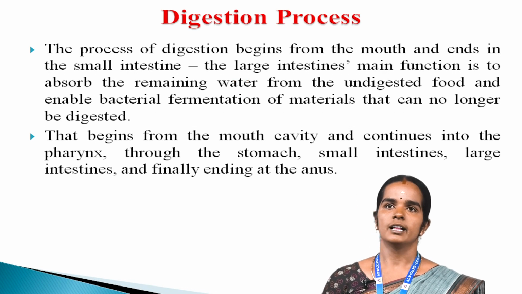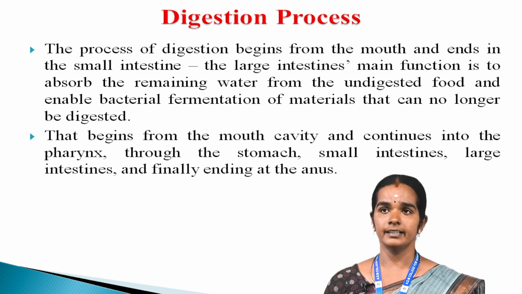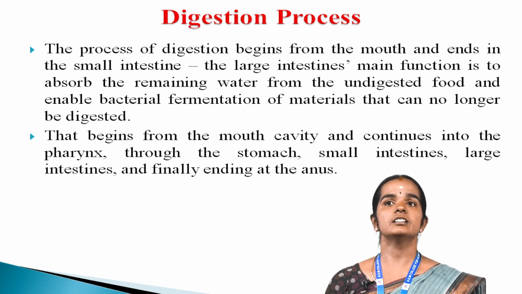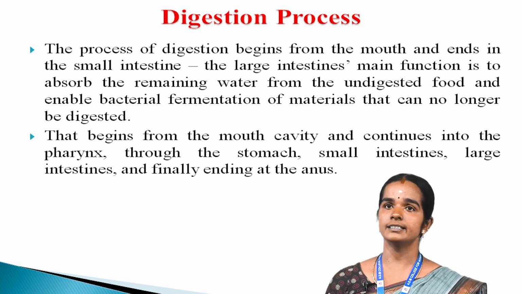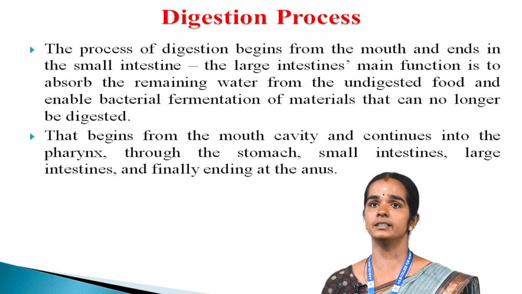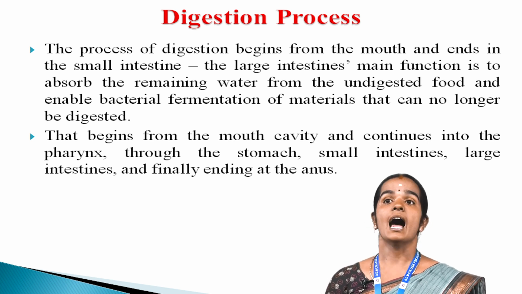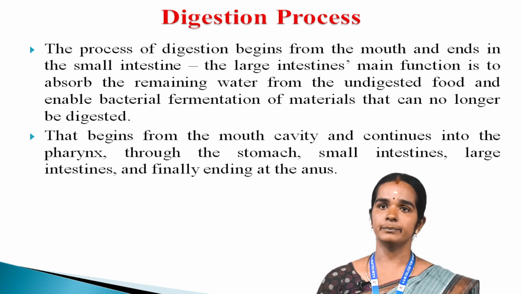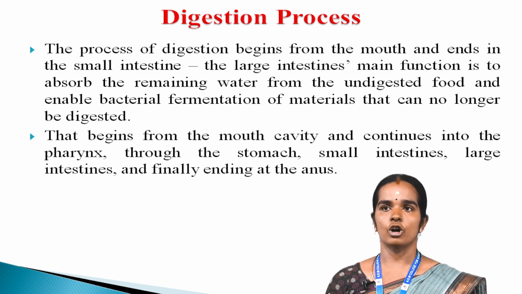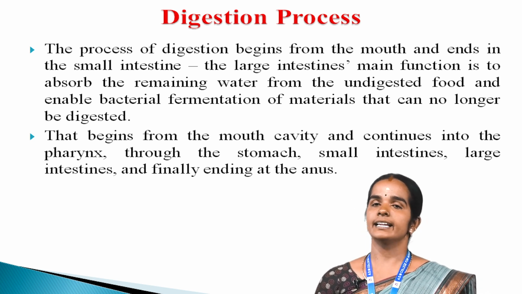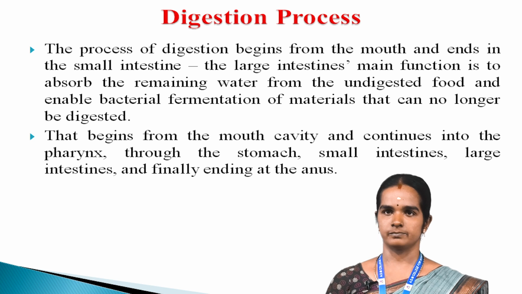Digestion process. The process of digestion begins from the mouth and ends at the small intestine. The large intestine's main function is to absorb the remaining water from the undigested food and enable bacterial fermentation of materials that can no longer be digested.